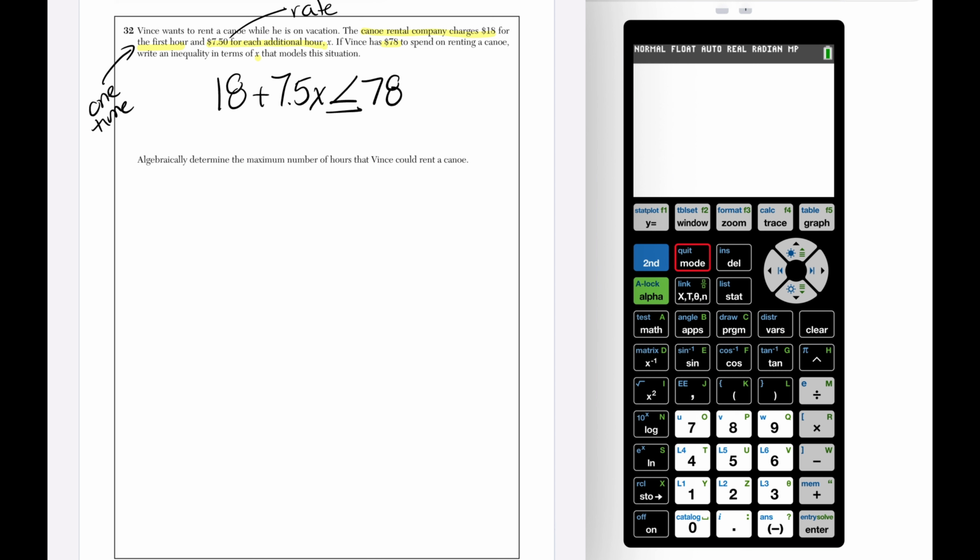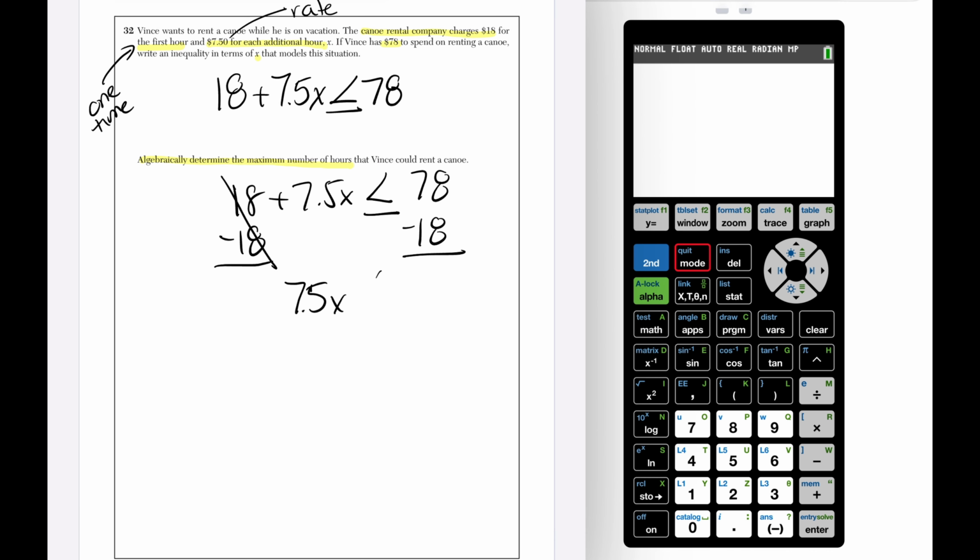Now they're asking me in the second part, because that's all I need to do there, algebraically determine the maximum number of hours he can rent the canoe. So I'm going to just put down my equation here. 18 plus 7.5x is less than or equal to 78. I'm going to subtract 18 from both sides to make a zero pair.